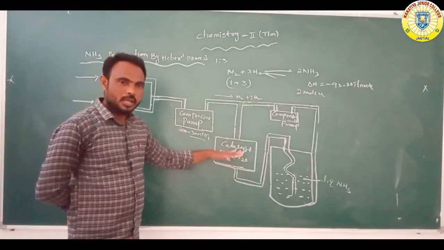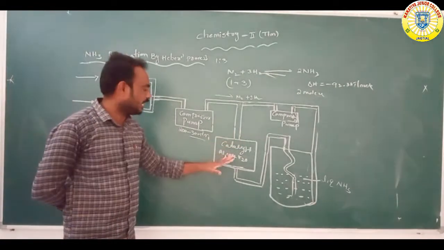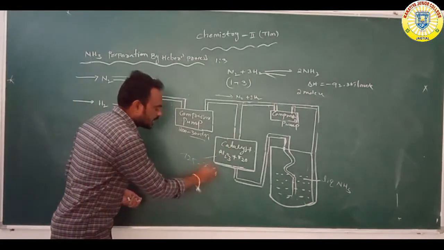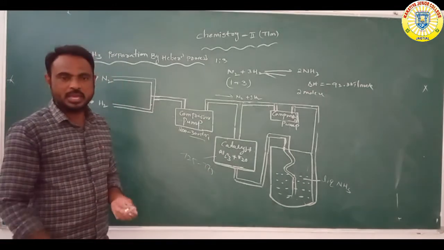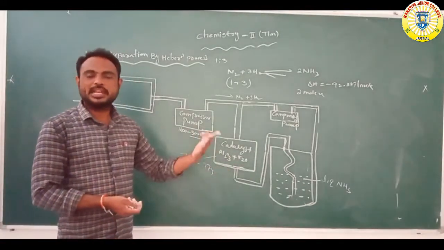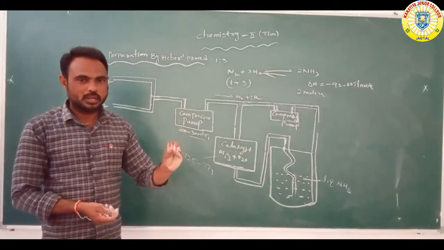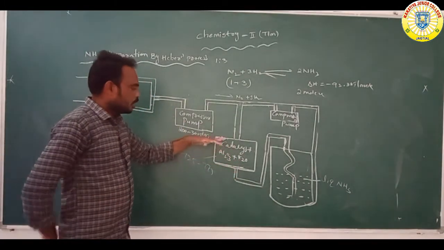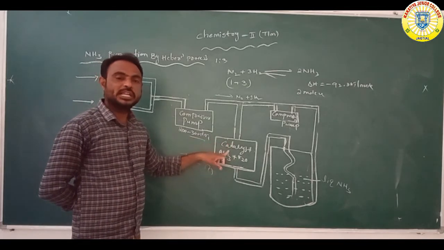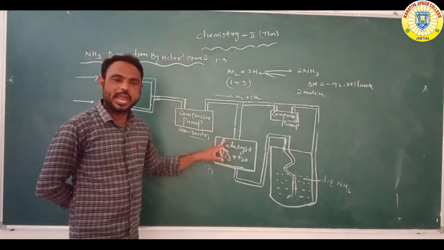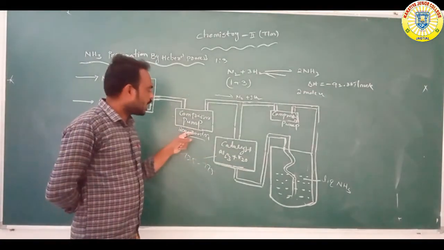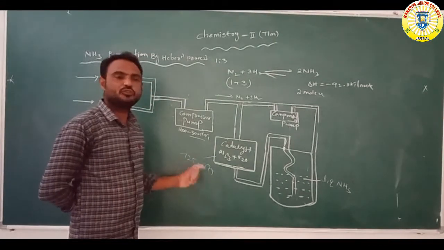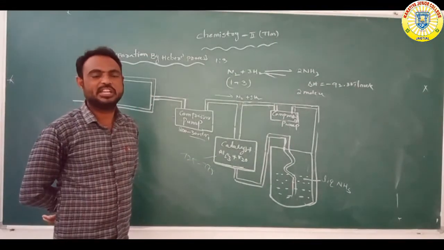In this catalyst chamber we maintain a temperature of 725 to 775 Kelvin, with an iron catalyst, molybdenum promoter, or Al2O3 alumina and K2O. So nitrogen reacts with hydrogen at 200 to 300 atmosphere pressure and 725 to 775 Kelvin temperature.